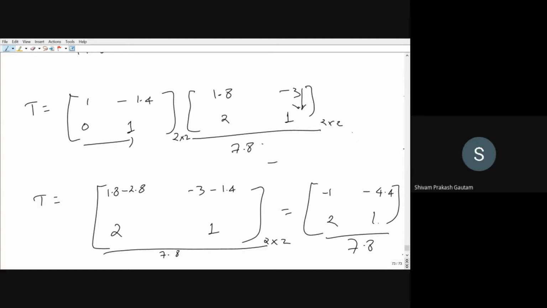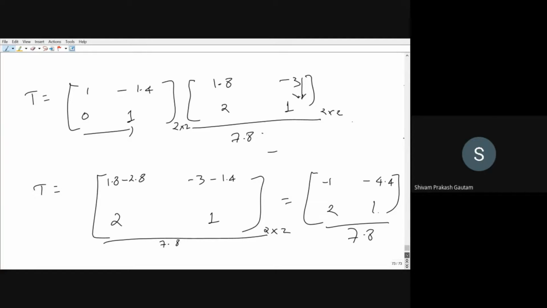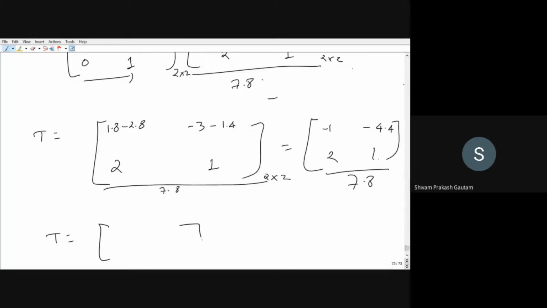Just divide it and let me know the T matrix. Now divide by 7.8. Anyone? Minus 1 divided by 7.8 is how much? Minus 0.128. So let us write 0.13.